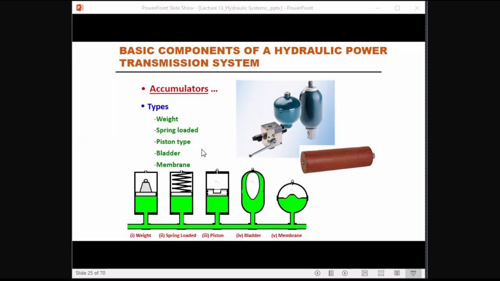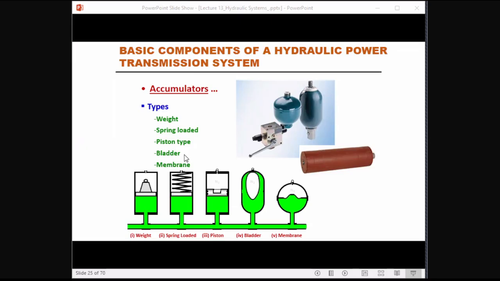Then the bladder accumulator is a fast response accumulator. Okay, according to time, a fast response.